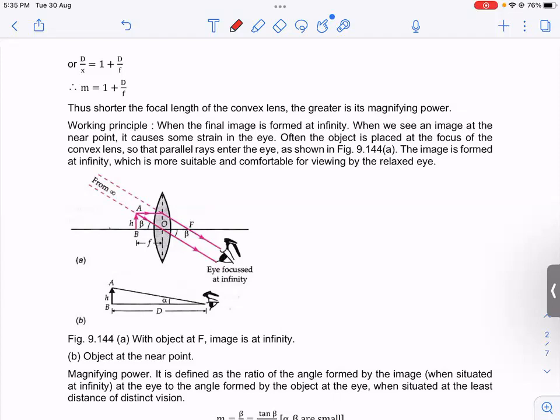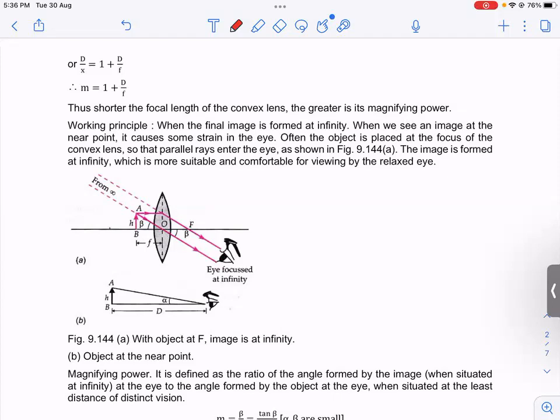See, this diagram is even simpler. In the previous diagram, where was the object kept? Between the focus point and the optical center. Whereas in this scenario, it is placed exactly at the focus. So when you place it exactly here, the image is formed at infinity.